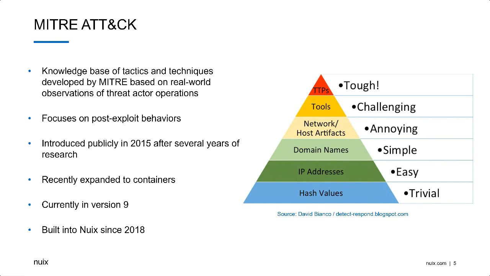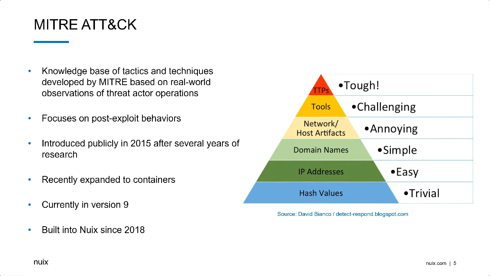But it doesn't really get challenging for them to change their techniques and change what they're doing in order to evade your detection until you get up into the tools and TTPs categories of this pyramid. And that's where MITRE is.